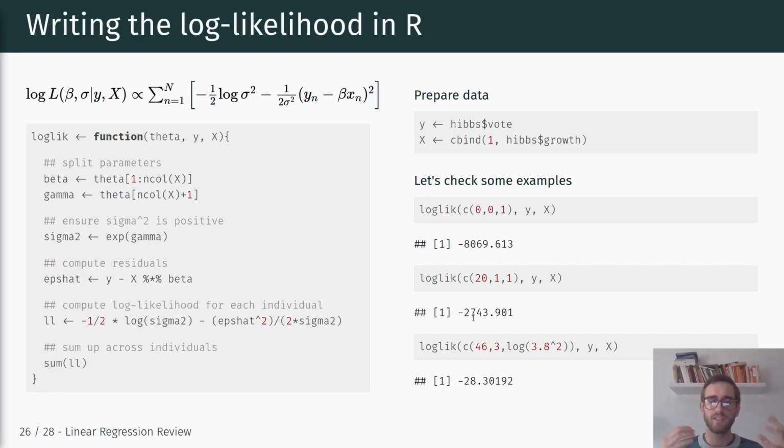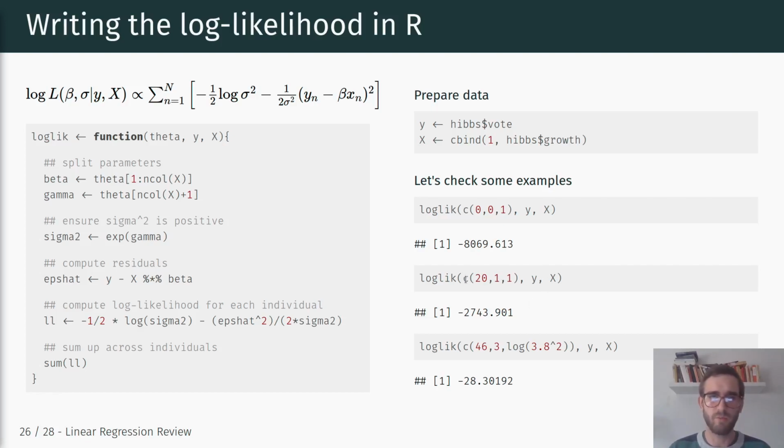It turns out the larger this number, the larger the likelihood of these parameter values to have generated that data, similar to the example of the probability of appointing a female Supreme Court justice to the Supreme Court in our previous example. This is now minus 2,000 for an intercept of 20 and a slope coefficient of 1.